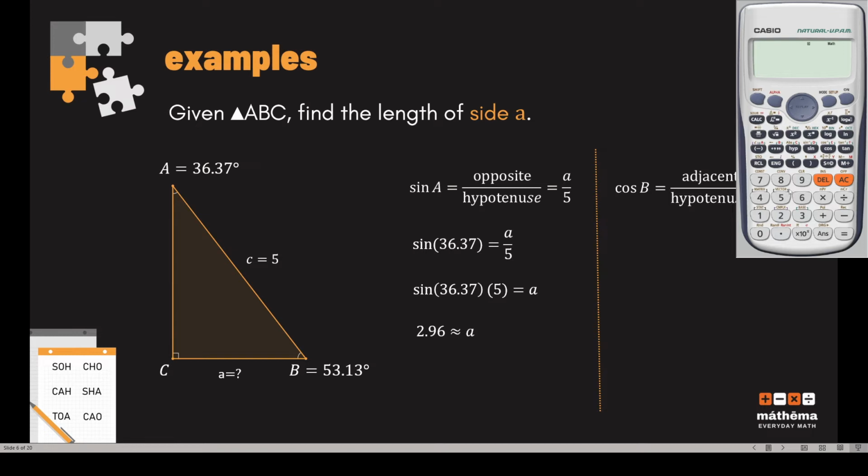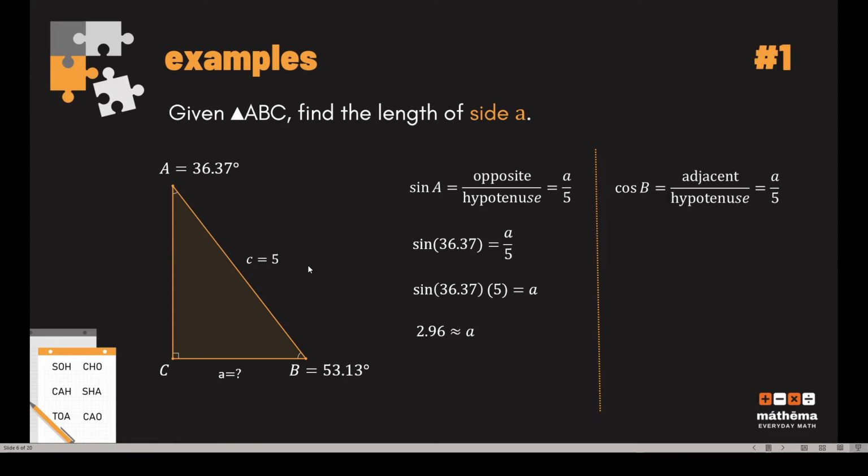We'll try to check. So we have sine of the angle 36.37 multiplied by 5, and that gives us approximately 2.96. So let's have the cosine ratio. We'll try to see whether we can have 2.96 or close to 2.96.